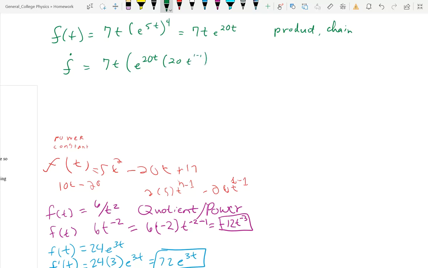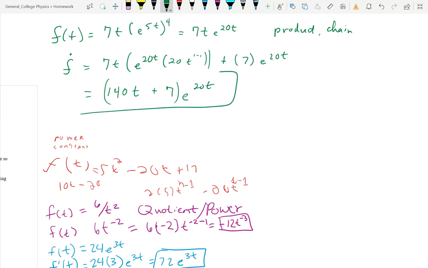All right, but t to the 1 minus 1, which we know is just 1. And then continuing the product rule, plus the derivative of 7t is 7 times e to the 20t. 7 times 20 is 140 t plus 7. There's my answer.